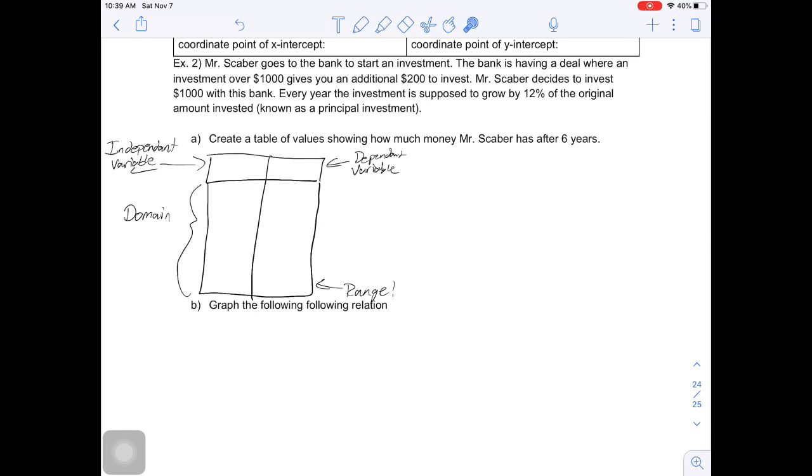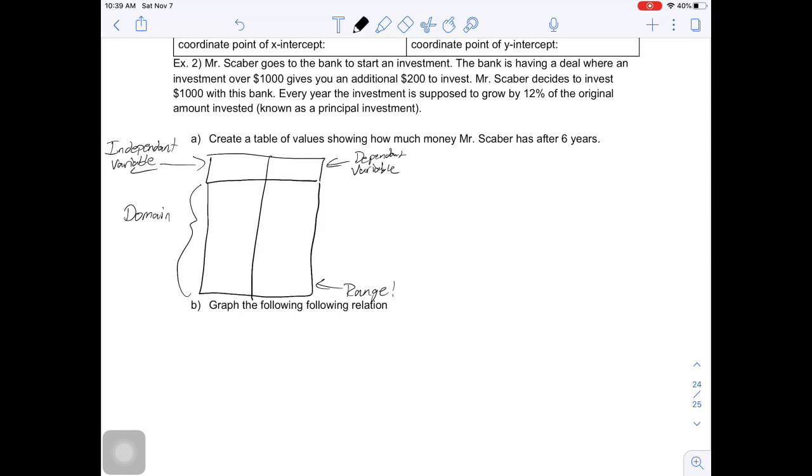Now, remember, an independent variable is something you either decide or you have no control over. Think about what I do not have control over. I don't have control over time. Remember, anytime you're dealing with time, it's pretty much always going to be placed in your left column as your domain.